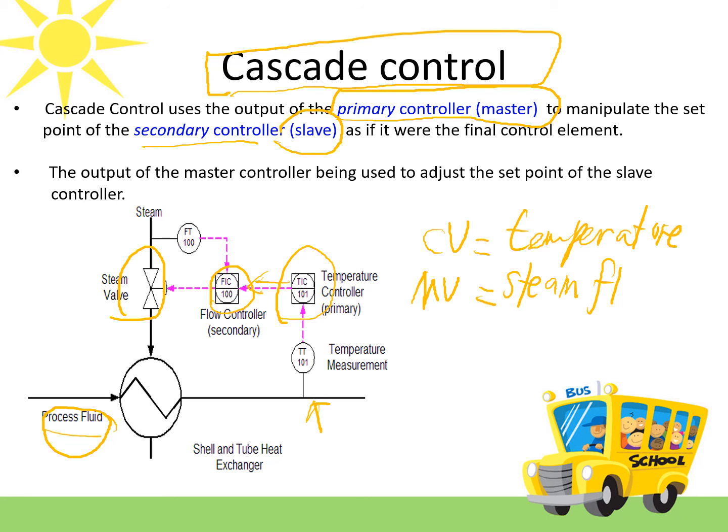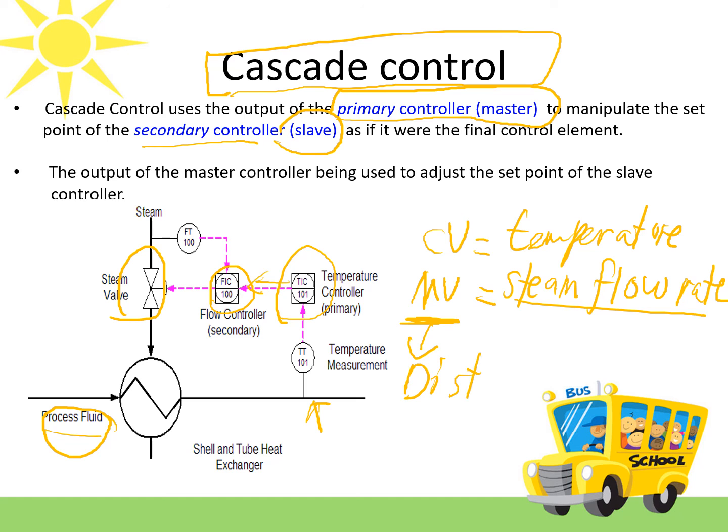Okay, cascade control is used when the disturbance is associated with your MV, or manipulated variable. Now, your manipulated variable can also become your disturbance.